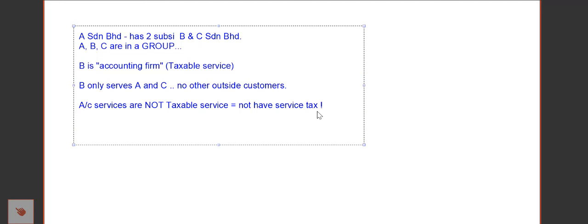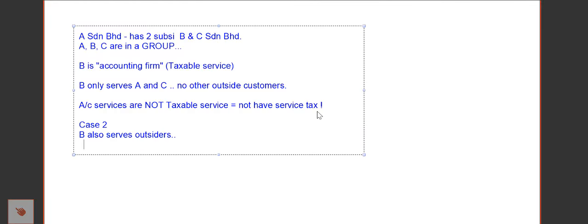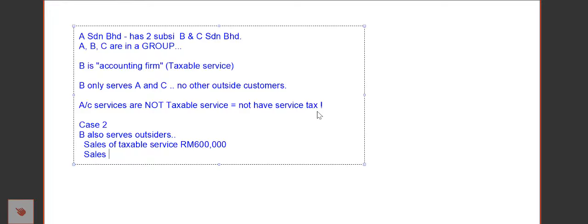You don't have to impose service tax. But let's say case 2, B also serves outsiders. Now, I'm telling you the sales of their taxable service is, let's say, 600,000, and the sales that they charge outsiders is only 20,000.